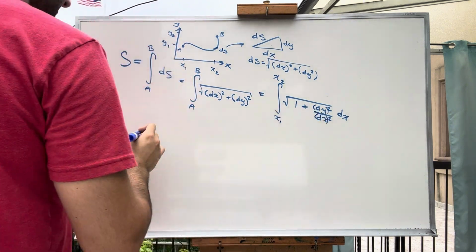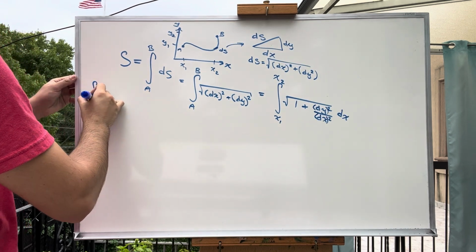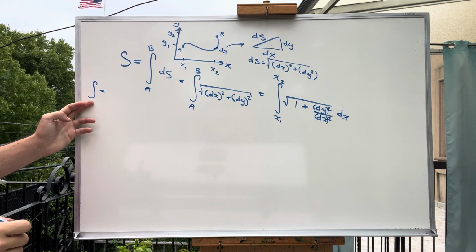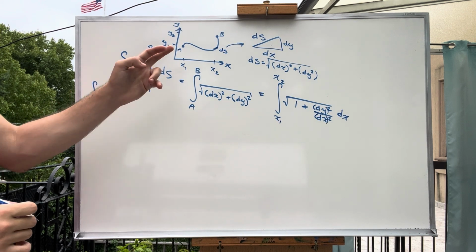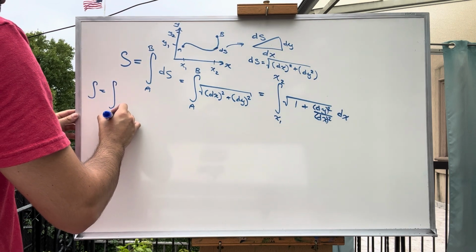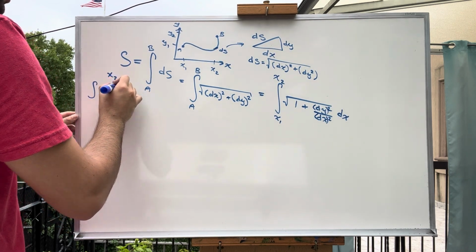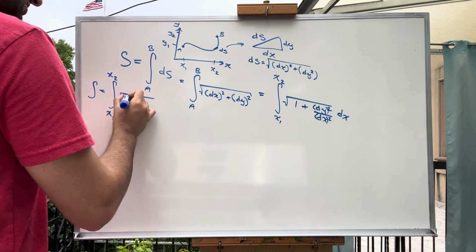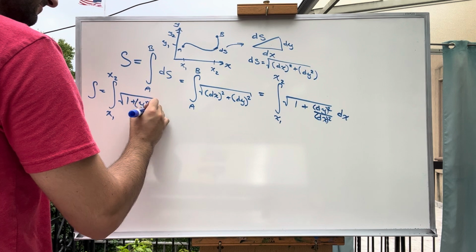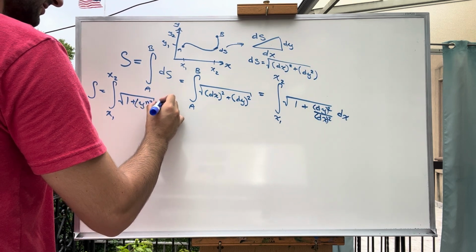Let us clean this up a little bit and write that the total length of the curve from point A to point B is simply the integral from x1 to x2 of the square root of 1 plus y prime squared dx.